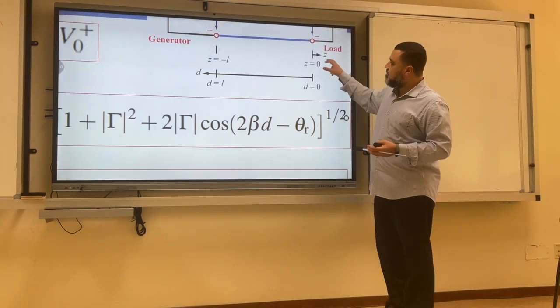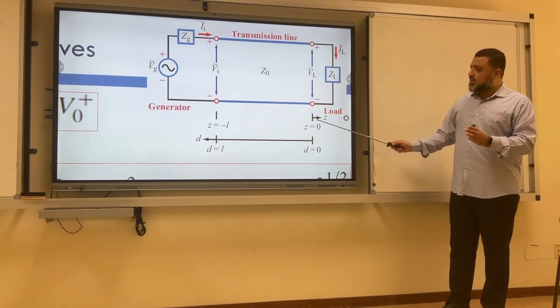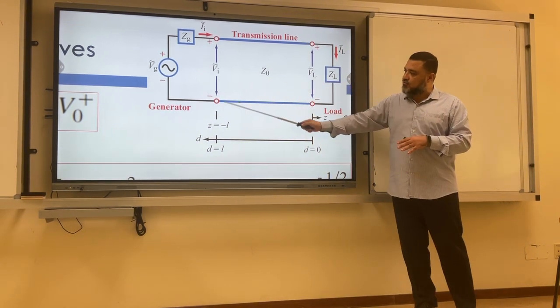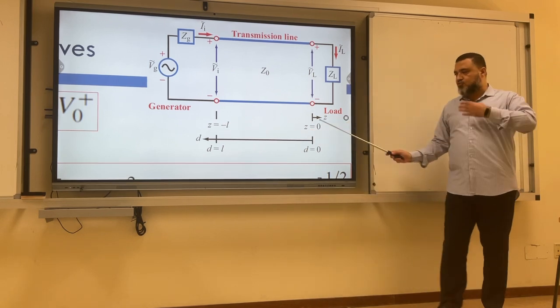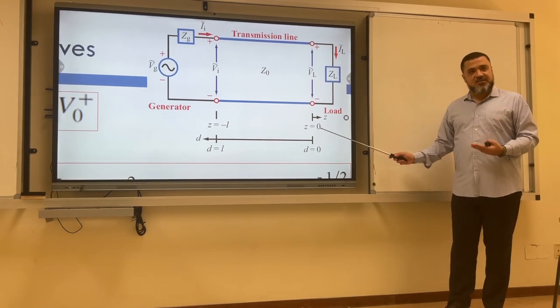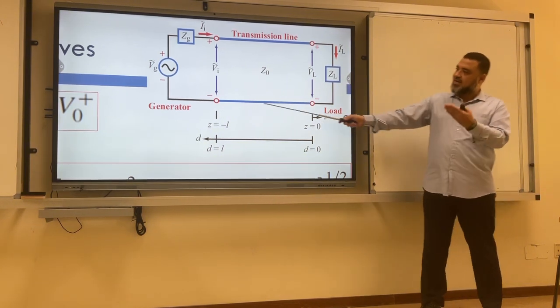If you remember last time, we said that we have two distance coordinates. We have z equal to 0 at the load, and then z any negative value until the generator, z equal to negative L. The reason we chose this configuration of the coordinates is to make the math easy. So z is always negative, from 0 to negative L.